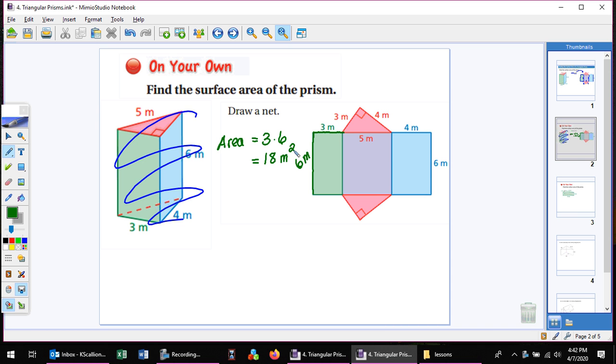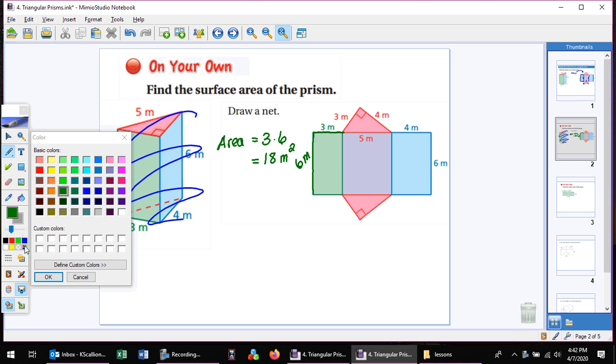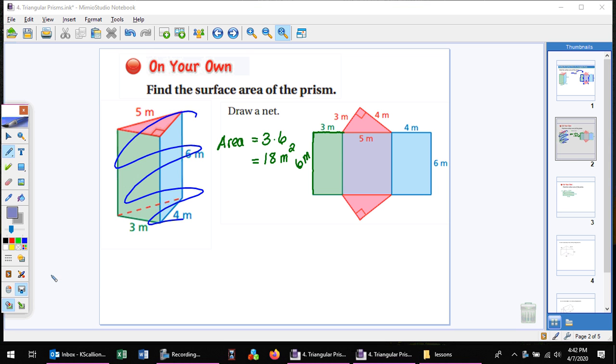Now I'm going to do the purple area, this one here. The area of this one is 5 by the 6 meters there. So that's 5 times 6, because the area of a rectangle is length by width, and that gives me 30 meters squared.